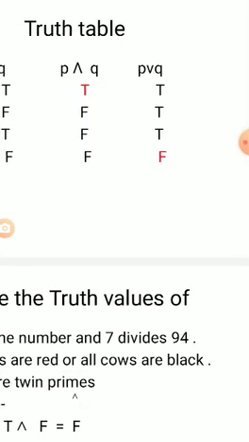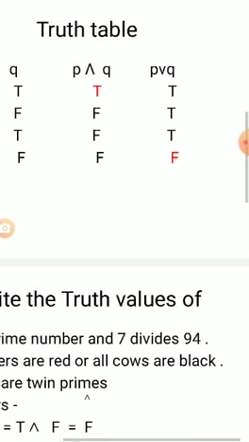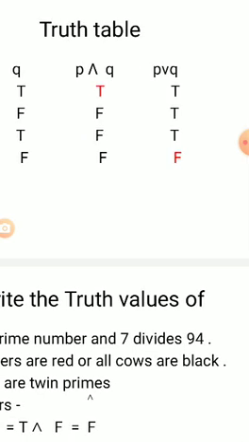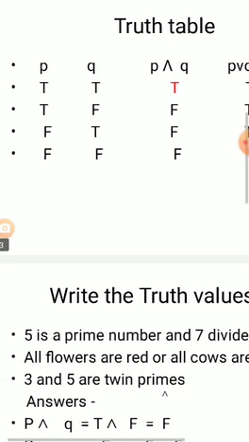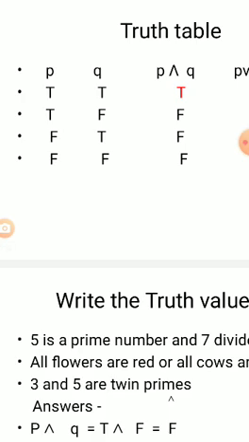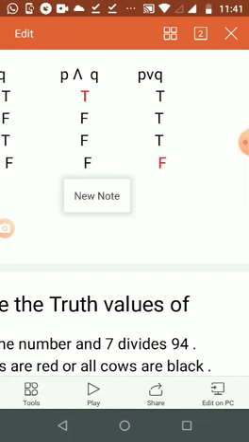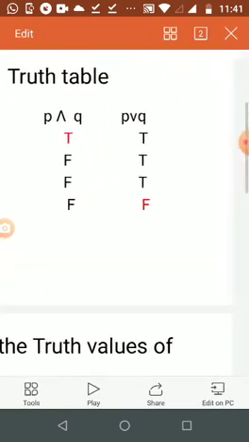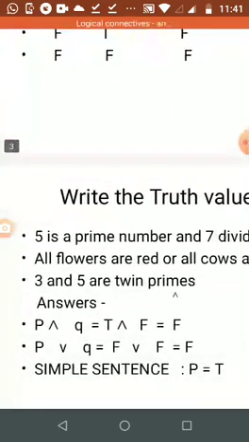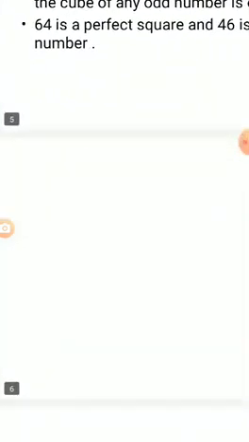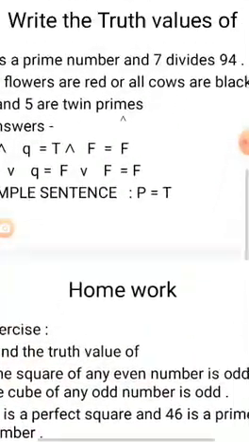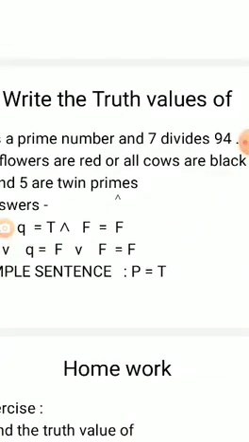For P and Q, one is T and the remaining are F, and for P or Q, the last one is F and the first three are T. For P and Q, when one of them is T and the other is F, the value is always F. And for P or Q, when one is T and the other is F, the value is always T. So these are two logical connectives, and and or.